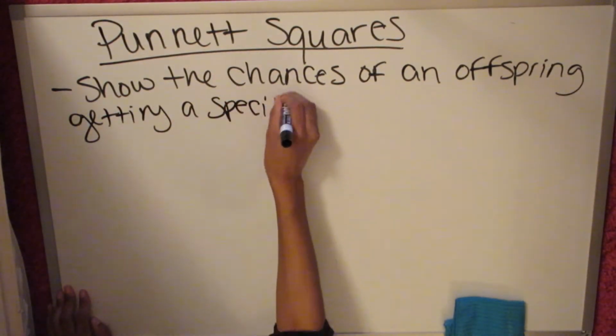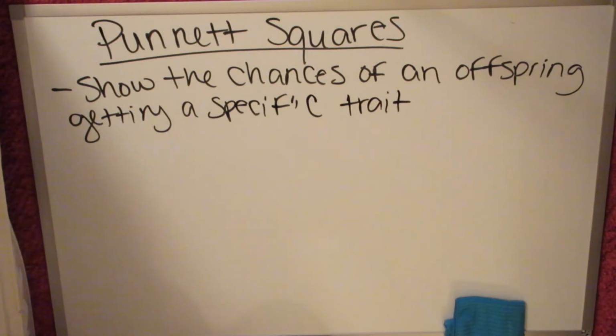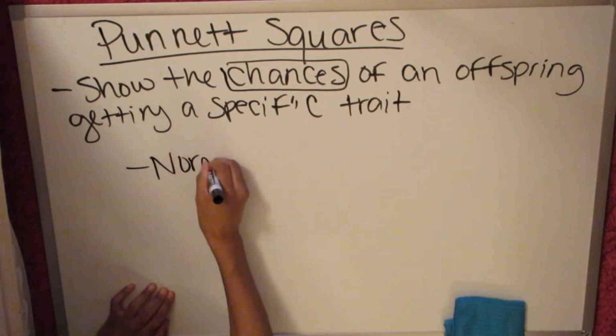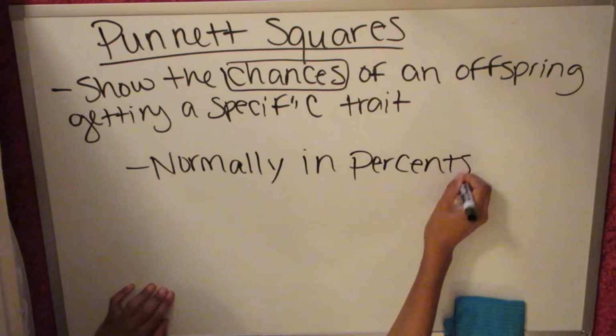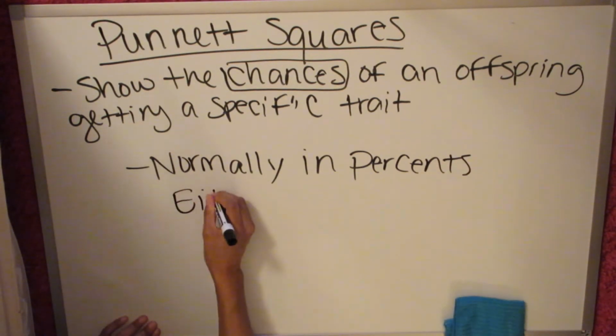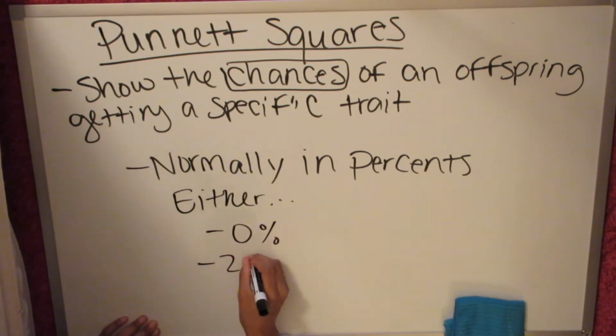It's a visual for us. We normally look at this in percents, so it'll be either 0%, 25%, 50%, 75%, or a 100% chance.